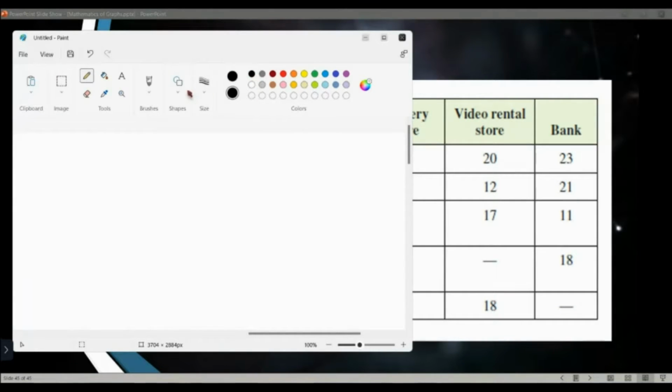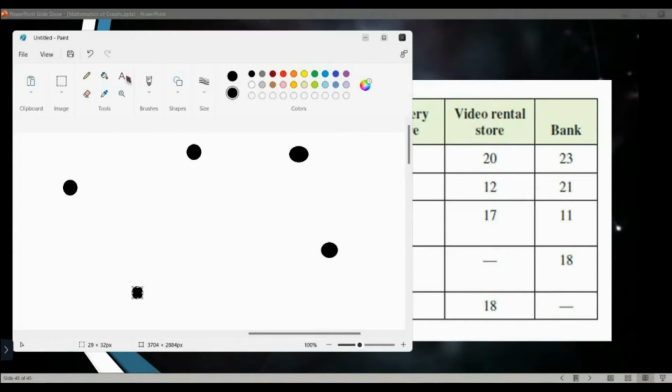Let's start with the vertices. We have five locations, right? We have home, post office, the grocery store, video rental store, and the bank.